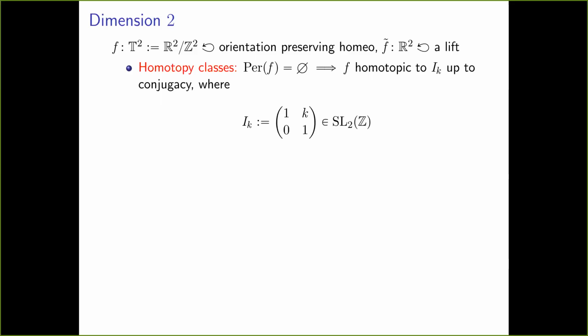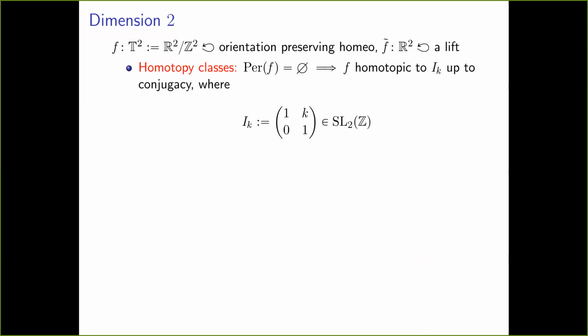But if you consider just homeomorphisms up to topological conjugacy, you can index those homotopy classes with the integer k. In fact, up to conjugacy, any periodic point-free homeomorphism is homotopic to a linear automorphism of this form, where k is an integer number.